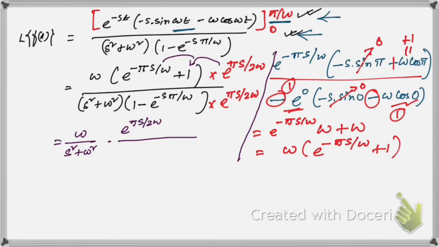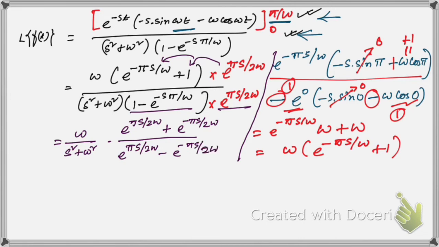Then if you multiply e to the power minus pi s by omega into e to the power pi s by 2 omega, you're going to have e to the power minus pi s by 2 omega, right? Similarly in the denominator, if you multiply this, then you're going to have this result. So let me write the results. Okay, so you're going to have this.